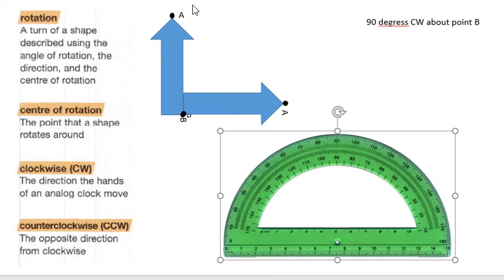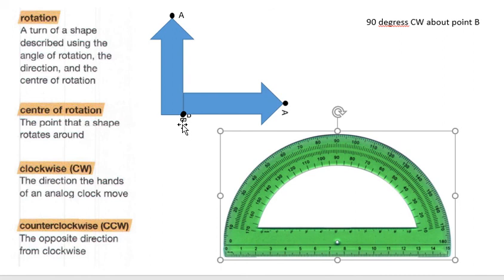You can see now where everything is pointing. So this is my initial one, the one that I started with, the blue arrow pointing upwards. But because I did a 90-degree clockwise, I rotated it this way in the same direction as a clock. And about point B, you can see the B is labeled here twice.